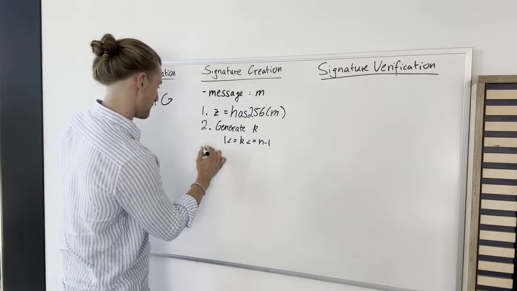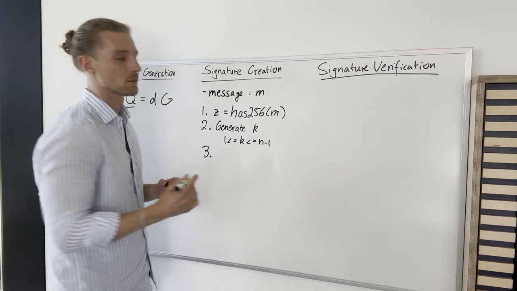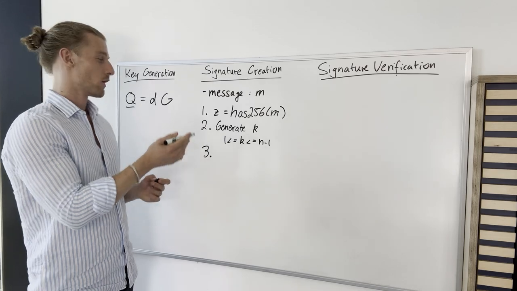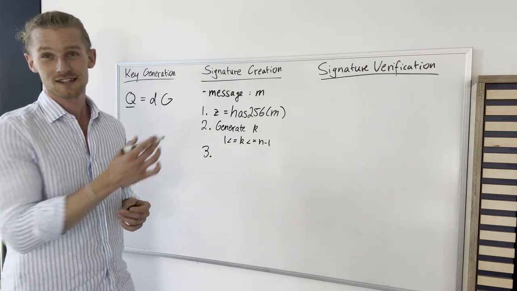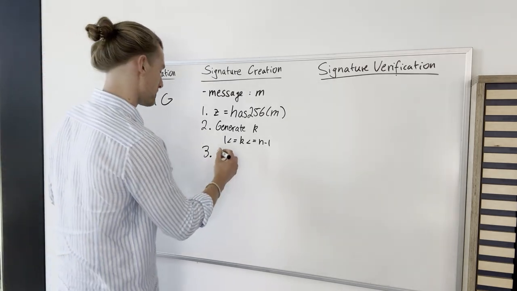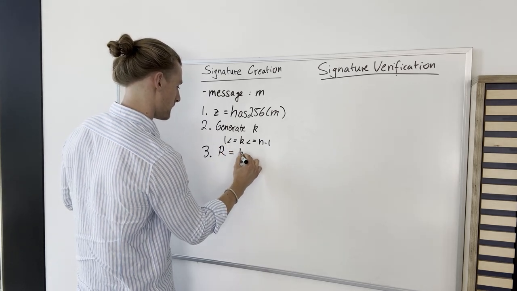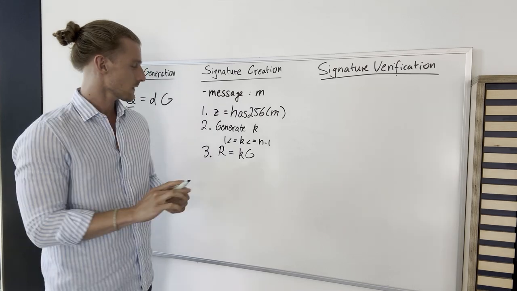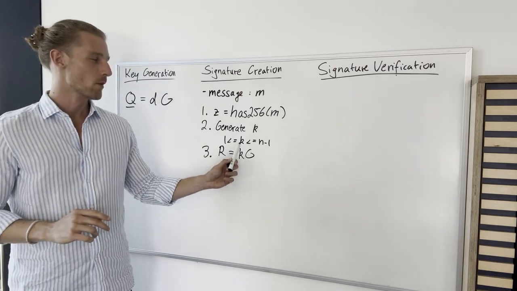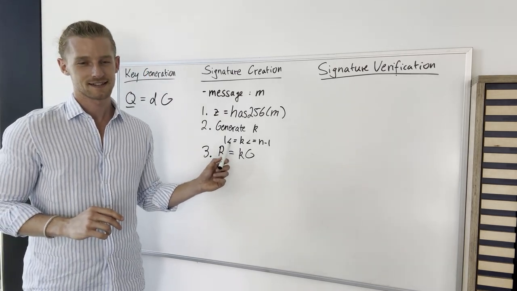Then, after we generate k, what we do is we compute a point on the elliptic curve using k and the generator point. We're calling this point R. R is equal to the generator point multiplied k times.